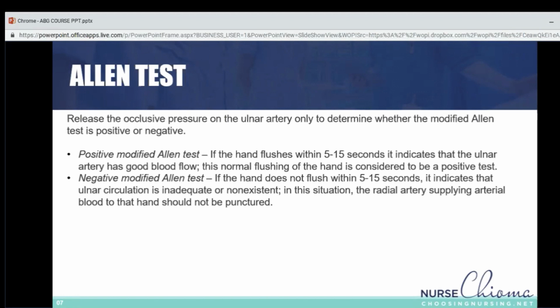All right, so obviously you want positive. That's what we want. So 5 to 15 seconds, as long as the hand flushes, so it changes in color, then this is a normal flush of the hand.